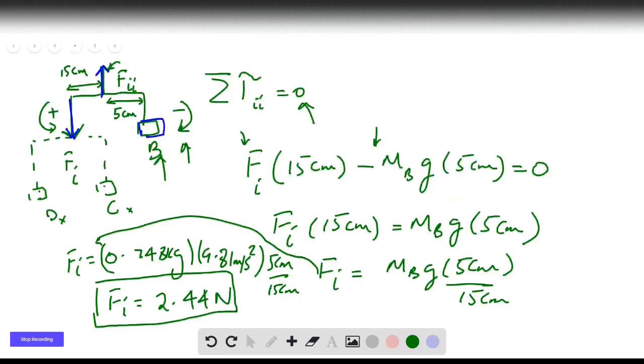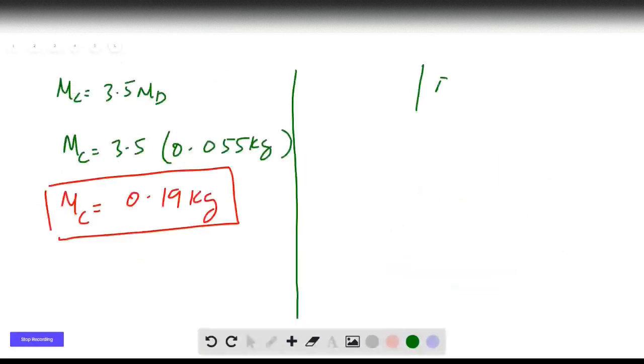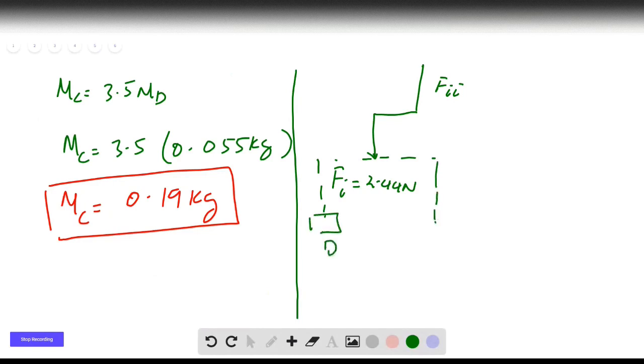So this is F2. This is F1. F1 happened to be 2.44 newtons. We don't have to show B and C, but we can highlight D and C right there. And then B was right here. We're given MB as being equivalent to 0.748 kilograms.